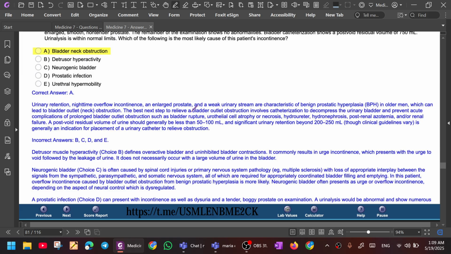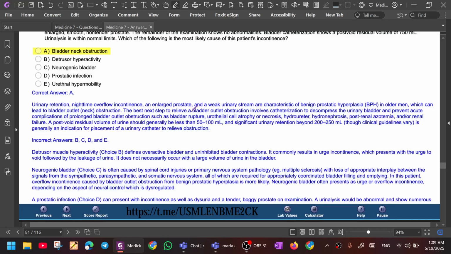The best next step to relieve a bladder outlet obstruction involves catheterization to decompress the urinary bladder and prevent acute complications of prolonged bladder outlet obstruction such as bladder rupture, urothelial cell atrophy or necrosis, hydroureter, hydronephrosis, post-renal azotemia, and/or renal failure.